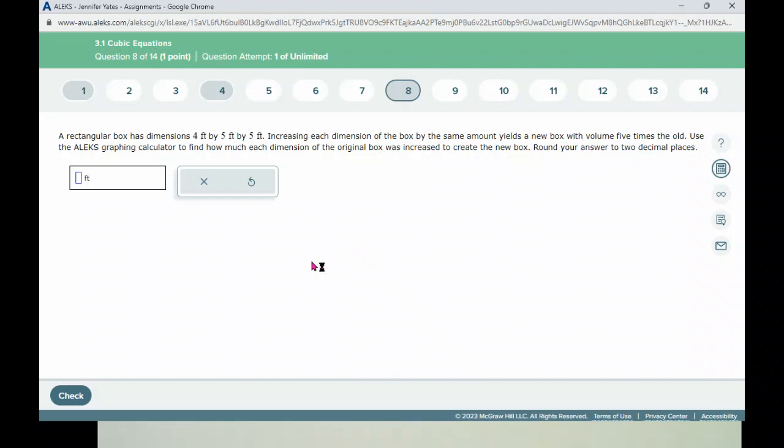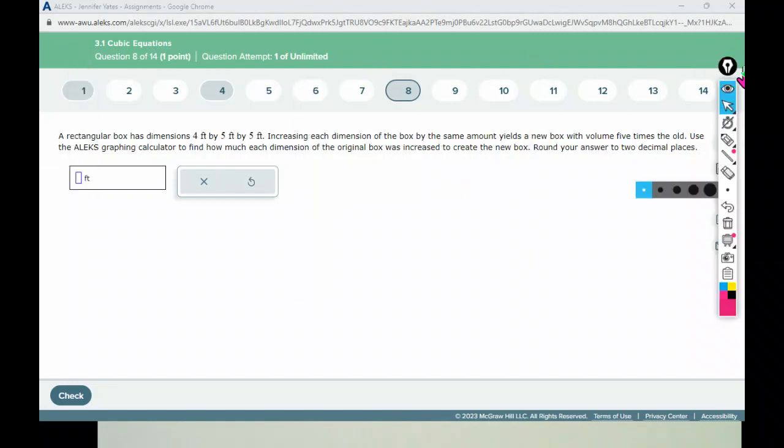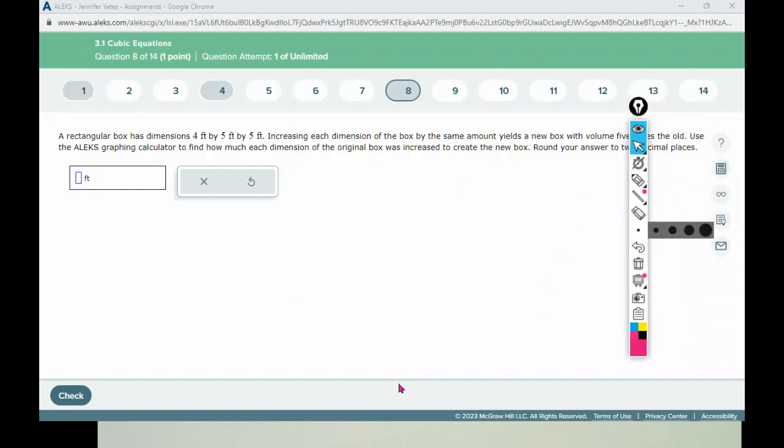A rectangular box has dimensions 4 by 5 by 5. You open up this other tool. All right, so we have, whoa.